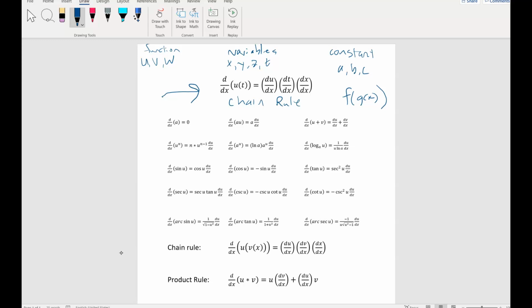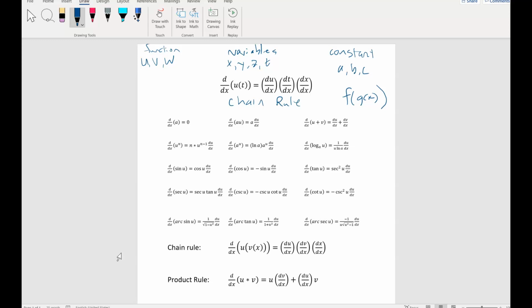Notice this is Leibniz notation. This is saying that I'm taking the derivative of u of t with respect to x. In other words, another way to write that would be du dx. But the issue here is that u is in terms of some other variable t.